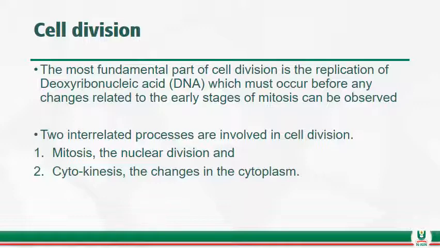They occur in stages, and the two interrelated processes involved in cell division are mitosis, which is the nuclear division, and cytokinesis, which is the changes in the cytoplasm. So the nucleus will first divide, and everything inside the cytoplasm will have to change and divide also. We are going to be talking briefly about these processes.